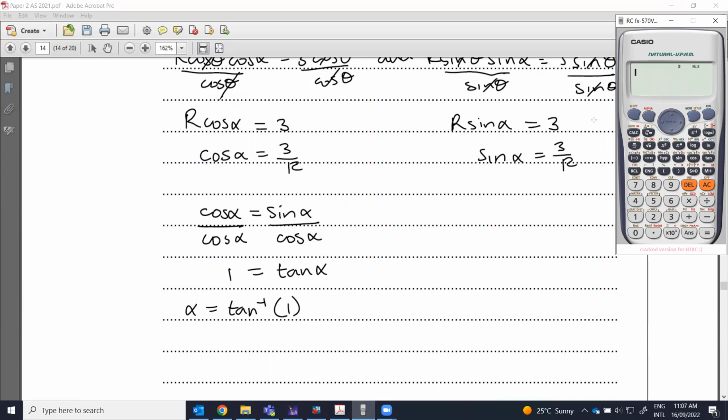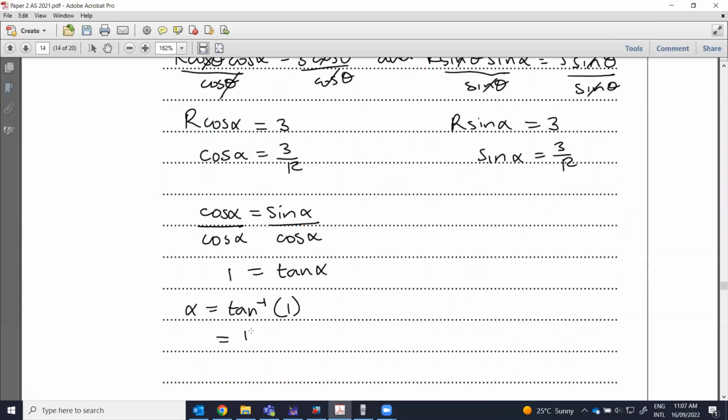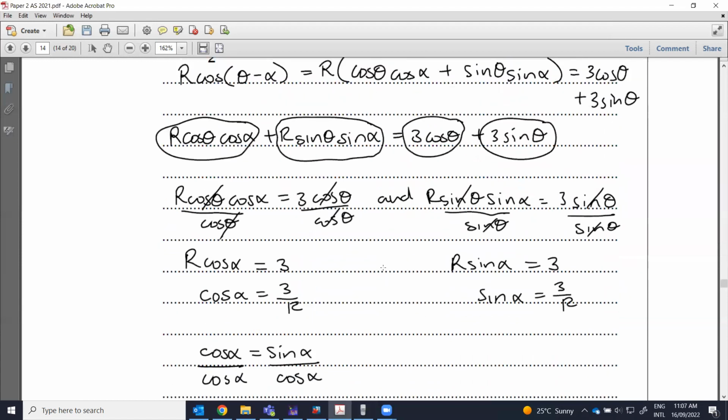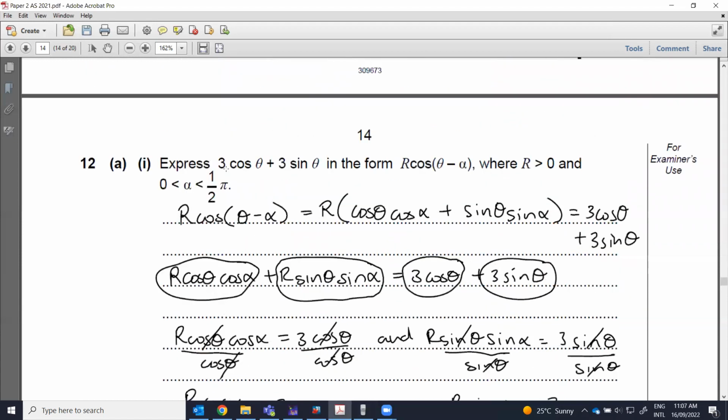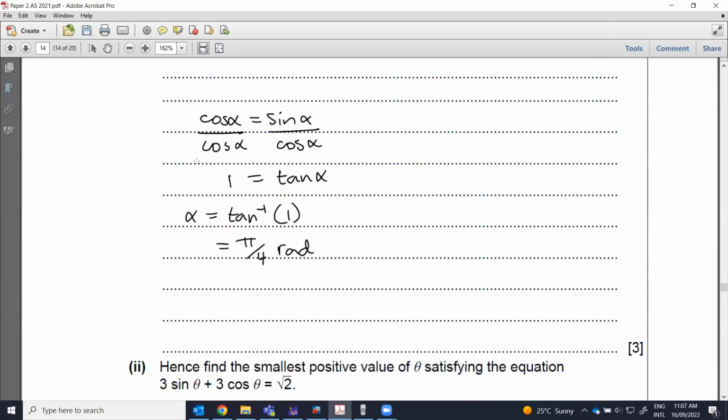And then I find tan inverse of 1, and the answer is pi over 4. So it's very important that your calculator is in radian mode. How do you know if you should be in radian mode or not? If your angle is given in terms of pi, then it is in radians.